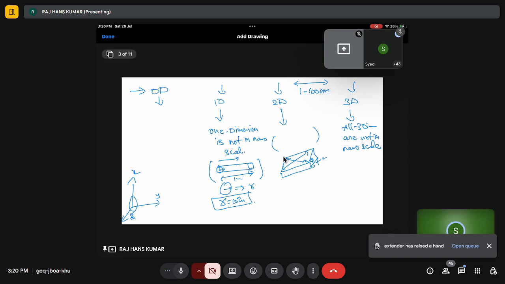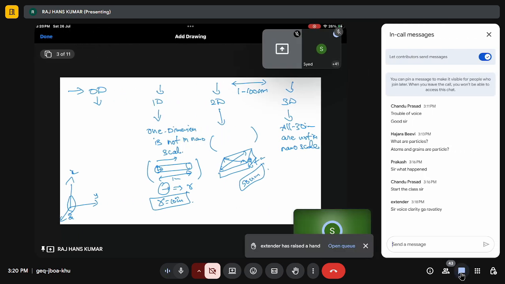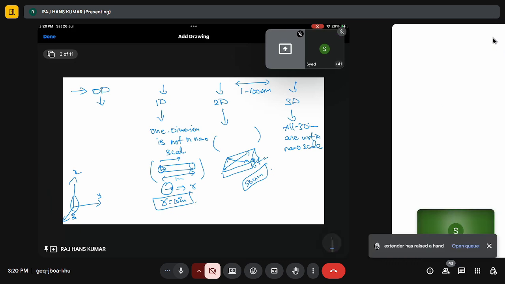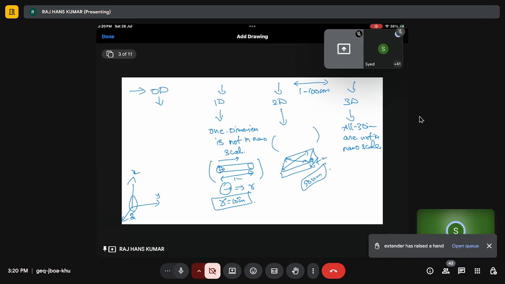For example, a thin film of 50 nanometers, which we see in some MOSFETs and JFETs, in newly formed transistors, where the thickness is quite low.